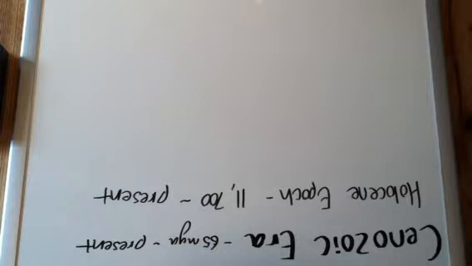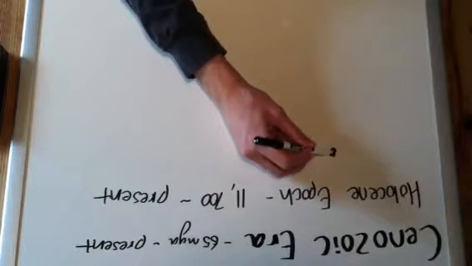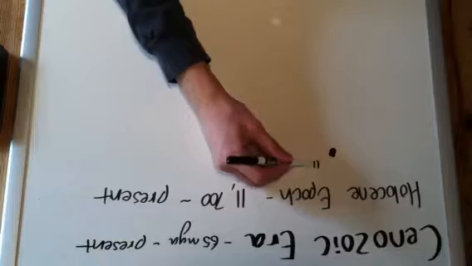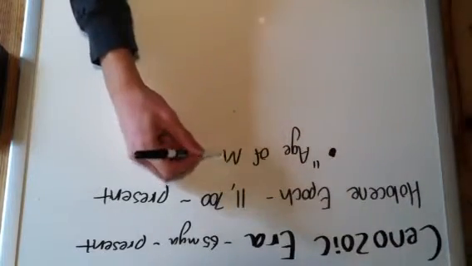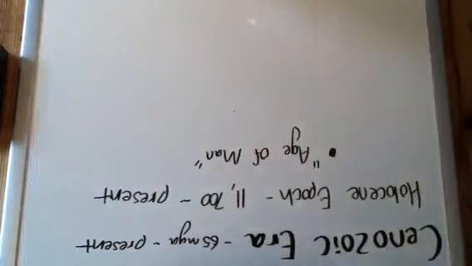But the reason we divide this from the Pleistocene epoch is because there's really one big important thing. This is the age of man, or when written human history begins. We see the first evidence of intelligent human life. That's as far back as we can trace it. And then of course it all develops from there.